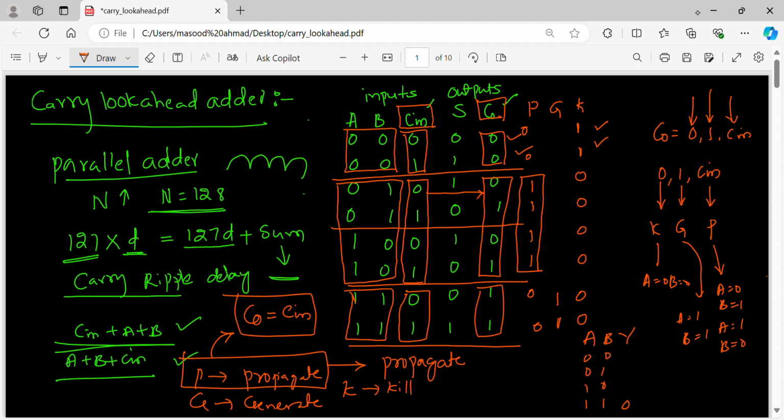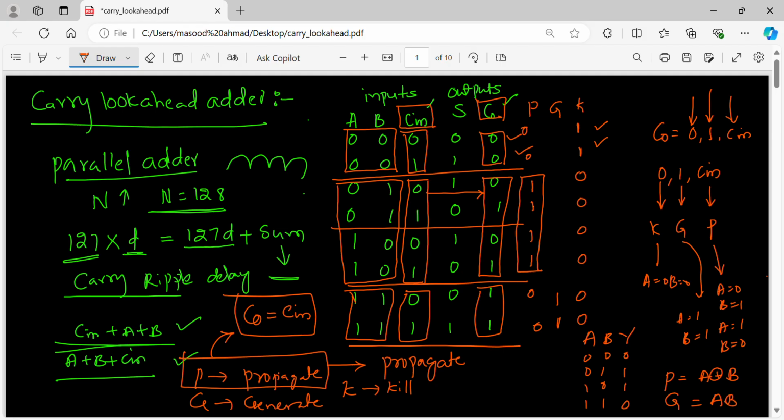For 1 1 the output is 0, for 0 0 the output is 0, for 0 1 or 1 0 the output is 1, which is nothing but the XOR operation. So this propagate is nothing but A XOR B. Generate is happening when A equals 1, B equals 1, so generate is AB.